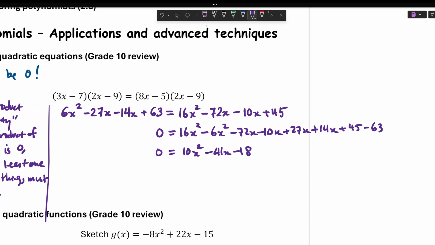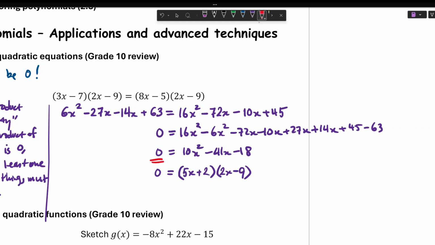So now that one side is 0, you've got to check that one side is 0, otherwise it doesn't work. We can solve by factoring. So you can try it out and see. Probably this might come from 4 and 5, so this is going to be 5x and 2x, and then 2 and 9.